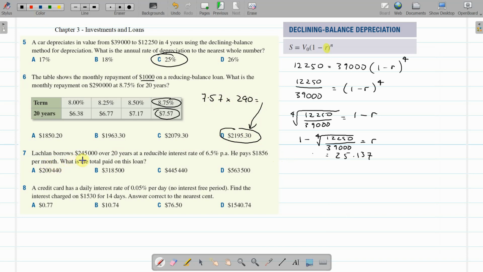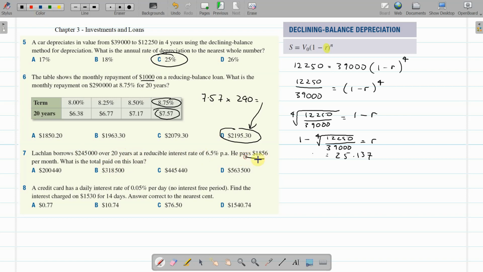7. Lachlan borrows 245,000 over 20 years, at a reducible interest rate of 6.5%. He pays 1,856 per month. What does he pay in total for this loan? The first part of the question is not really that important, because your focus is on the second part.